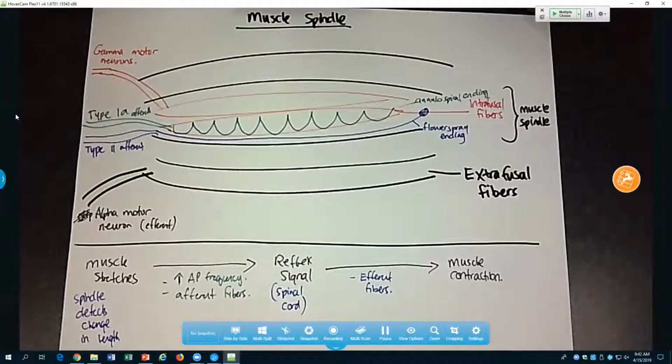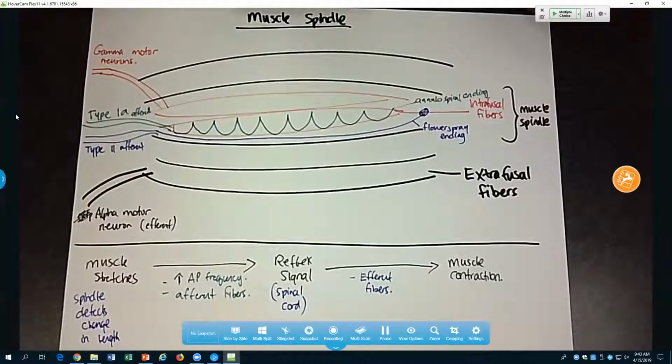Now let's talk about an example of how this muscle spindle brings about protection of the muscle. So think about you being at the doctor's office, you're sitting on the examination table, and your doctor is doing all of your tendon reflexes. So your legs are dangling off the edge of the table, relaxed, and your doctor strikes your patella tendon with the reflex hammer.